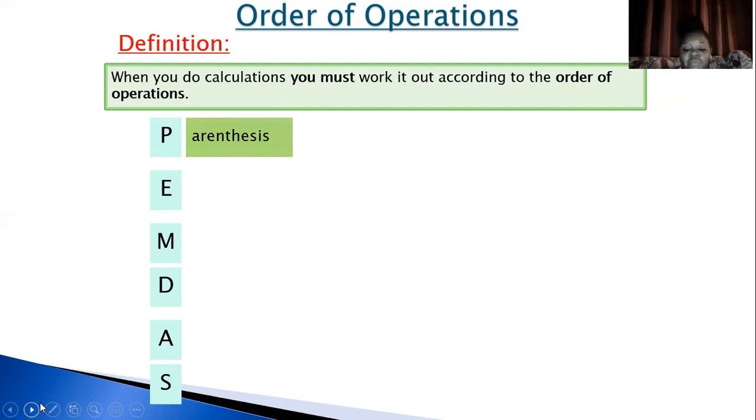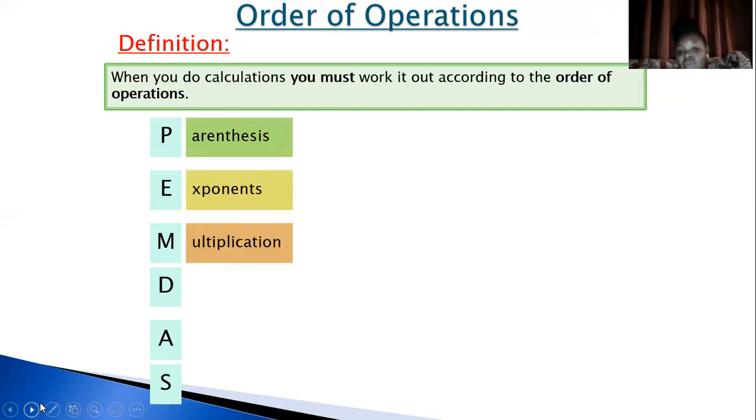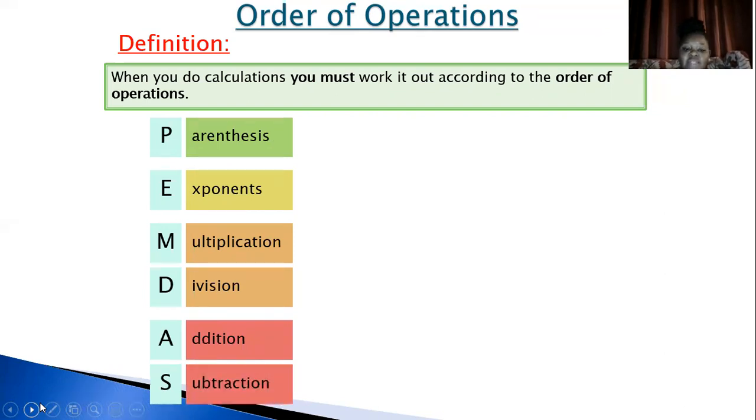P representing parentheses, E representing exponents, M representing multiplication, D representing division, A representing addition, and S representing subtraction. So today we're going to solve order of operation problems involving fractions, following the laws and the rules of PEMDAS, or should I say order of operation, PEMDAS. Please excuse my dear Aunt Sally.